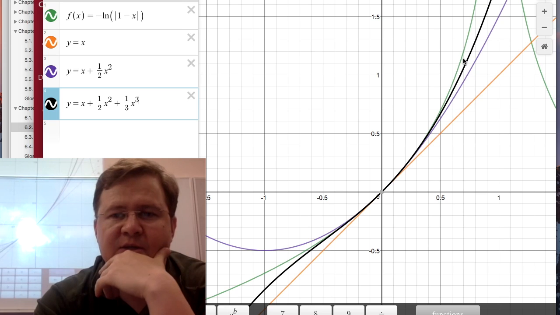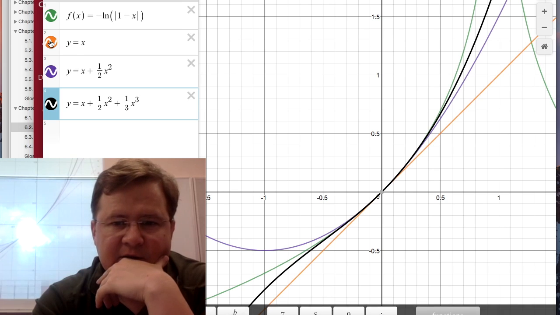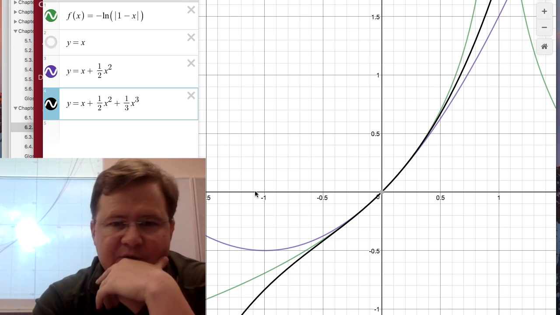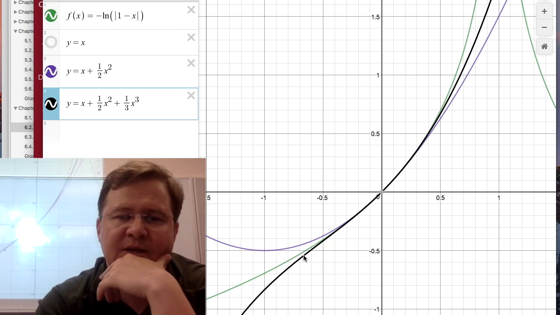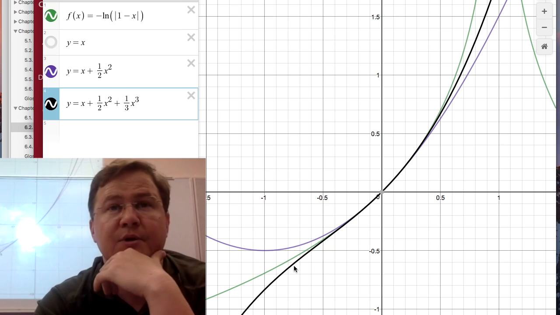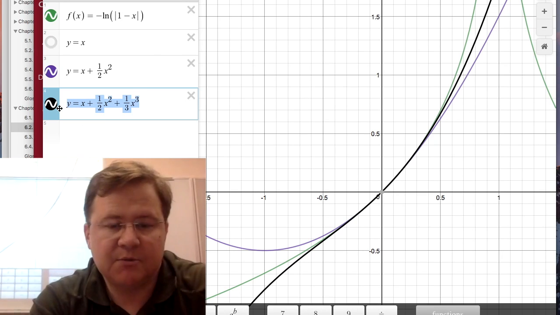See how the black is kind of closer to it? The purple, the actual graph is in green. Over here, it kind of diverges a little quicker, it seems, right? But still, I would say the black line is closer to the green line than the purple one is. Yeah, absolutely.